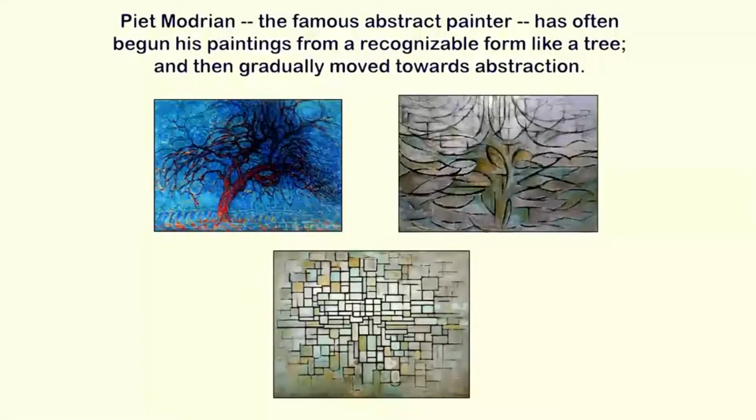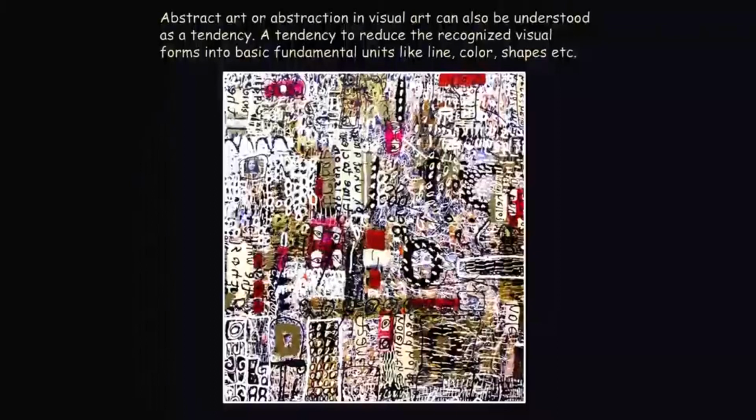Then he moves on to the one on the right-hand side and comes down to the third painting below. You can see a gradual progression from the known form to an unknown form, from a recognizable form to an unrecognizable composition. This progression happens because the artist begins to slowly and gradually drop all the recognizing elements.